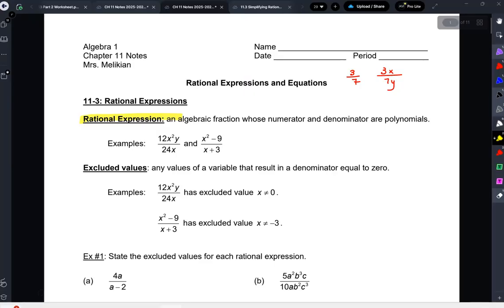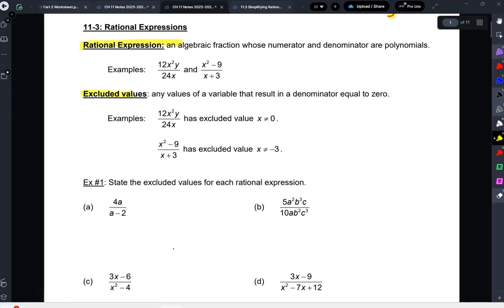Now, if I have a variable in the denominator, that has the potential of being 0 because if y equals 0, then that fraction would be undefined. So that means this expression, 3x/7y, has excluded values. Excluded values are any values of a variable that result when the denominator is equal to 0.